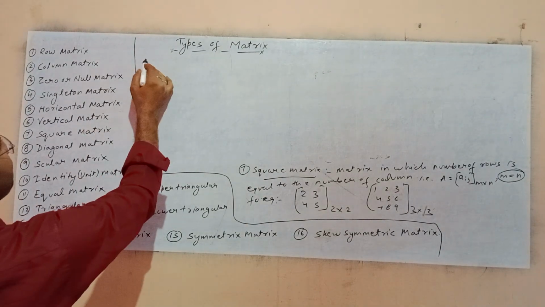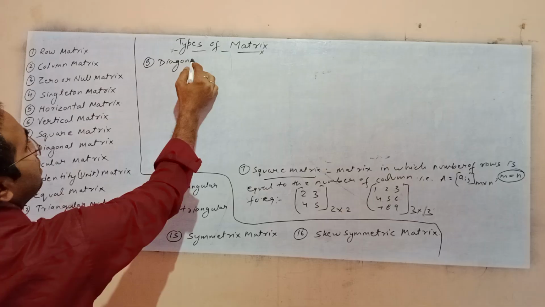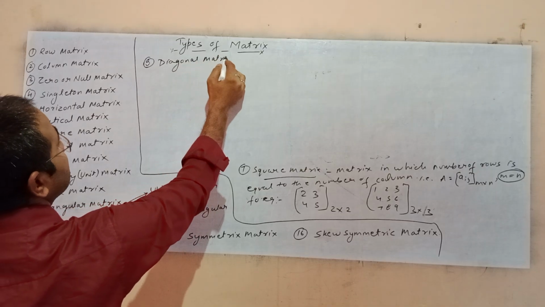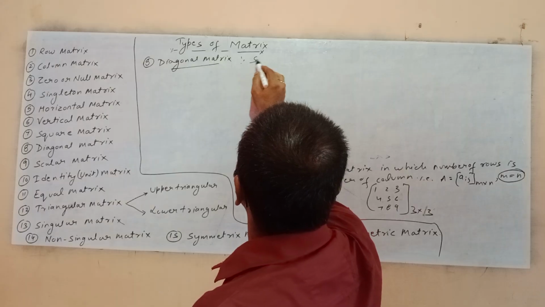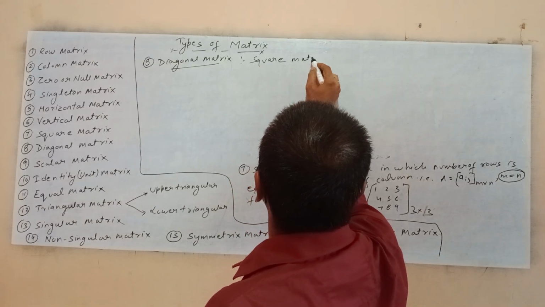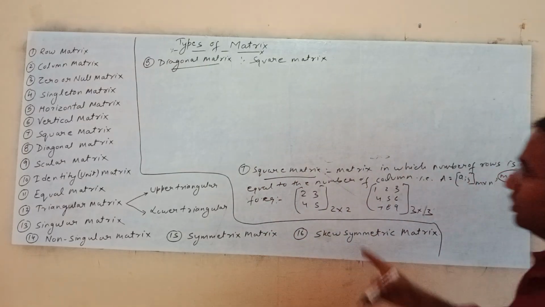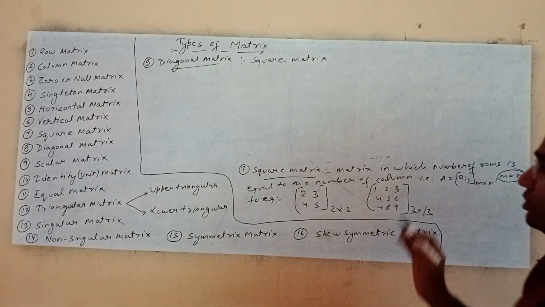Next one is the eighth, the diagonal matrix. Diagonal matrix will be a square matrix. Okay, so square matrix means the number of columns will be equal to the number of rows.